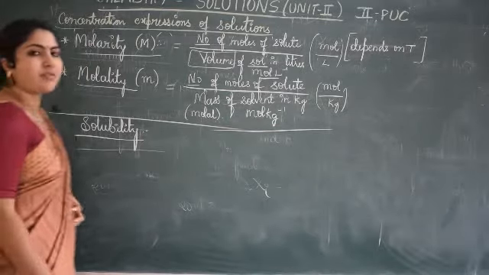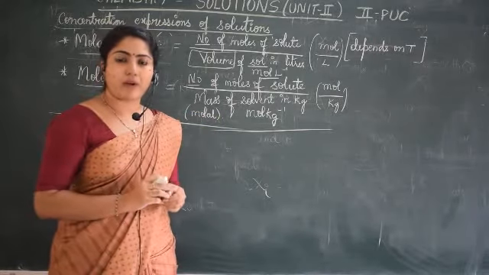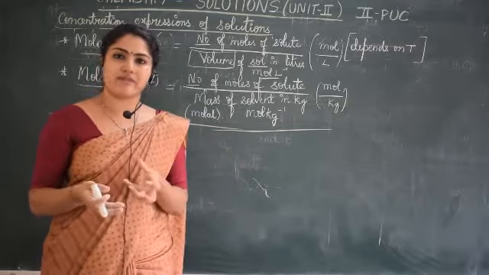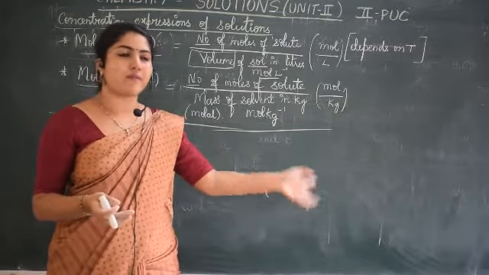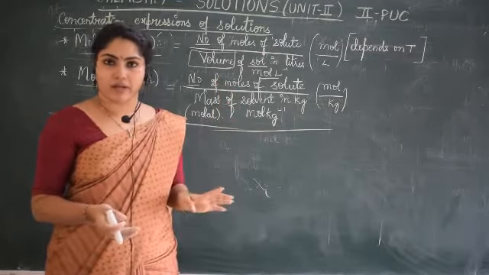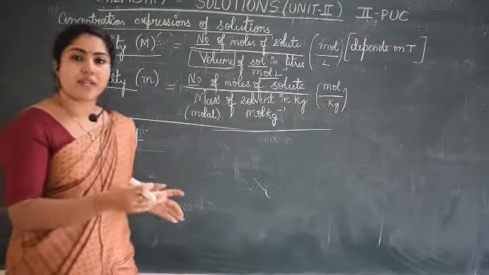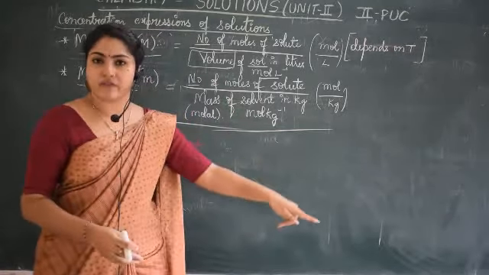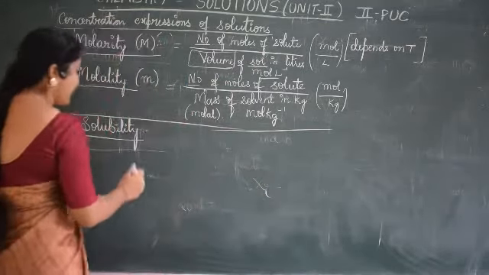When we speak about solutions, the concept of solubility is very important. Solubility in general is a given amount of solute dissolving in a given amount of solvent at a particular temperature. The amount of substance that gets dissolved in a given amount of solvent at a given temperature is the definition of solubility.